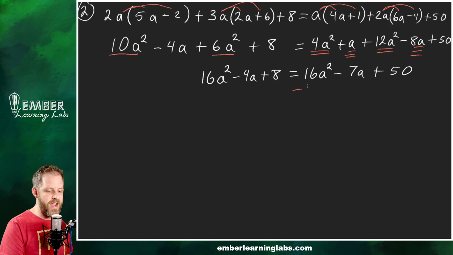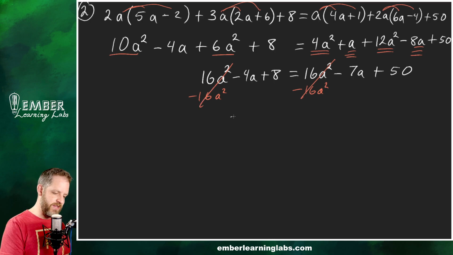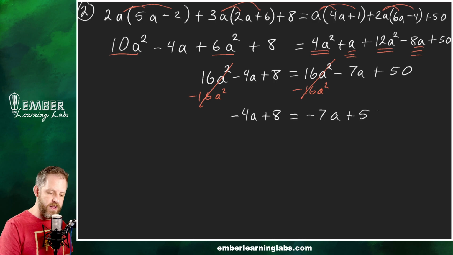All right, let's get these a squared terms together. So we're going to subtract 16a squared from both sides, and wonder of wonders, they cancel out both sides. Happy days are here again. Negative 4a plus 8 equals negative 7a plus 50.